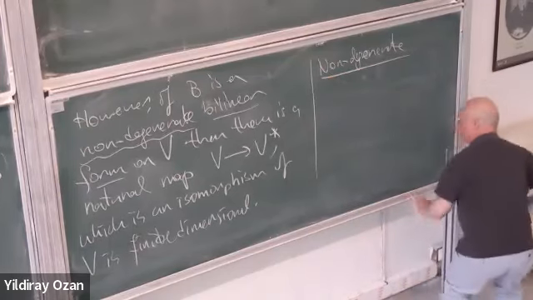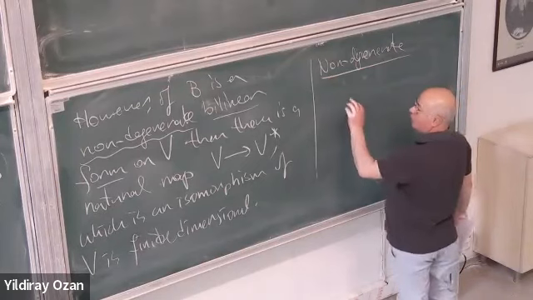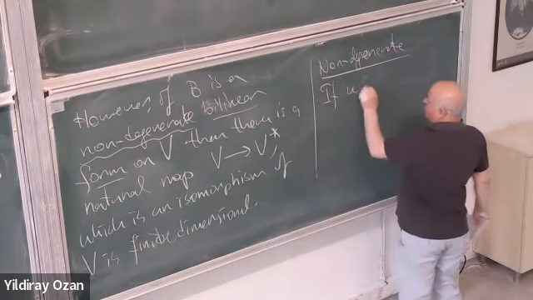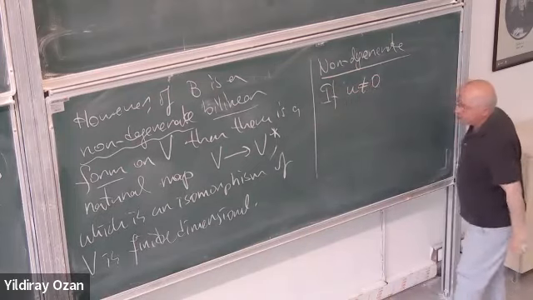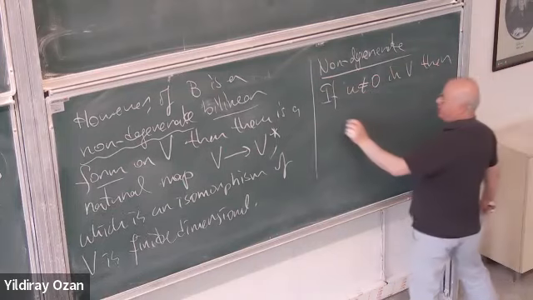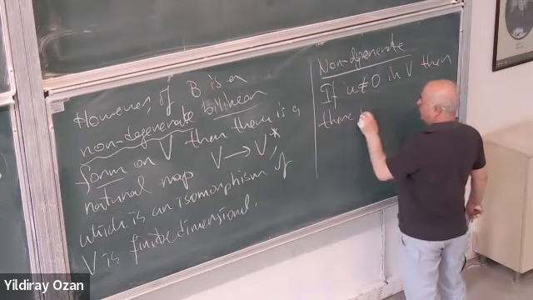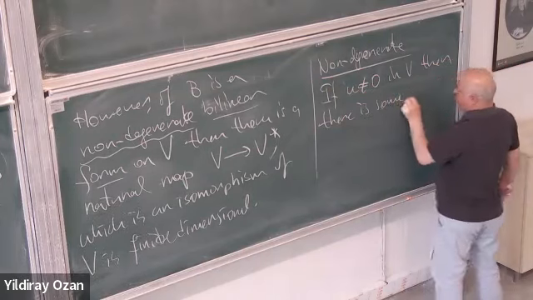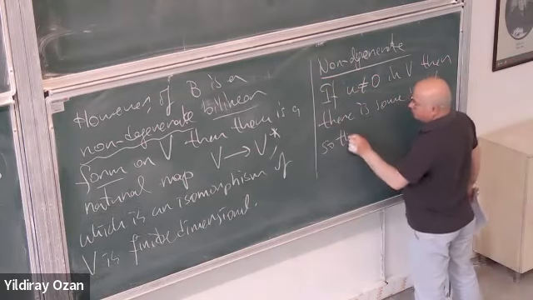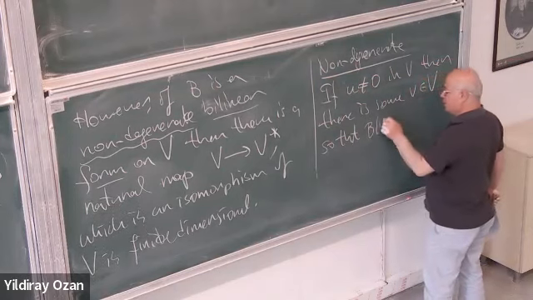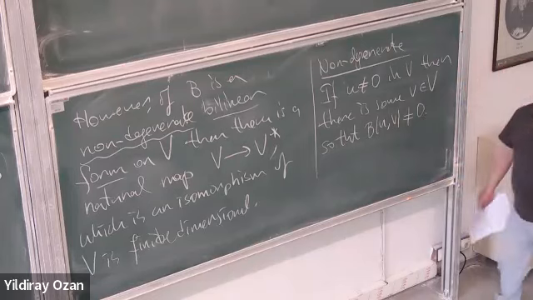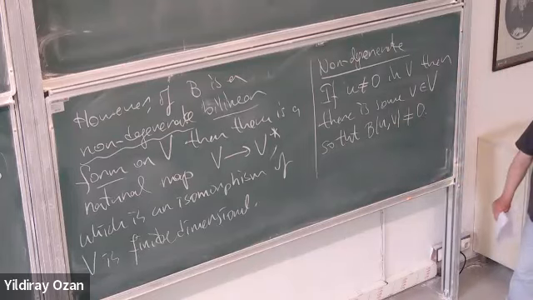B is non-degenerate if: if u is a non-zero vector in V, then there is another vector v in V so that B of u and v is not zero. Okay, so this is being non-degenerate.